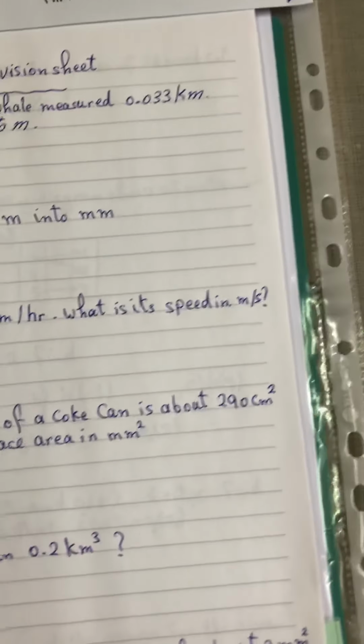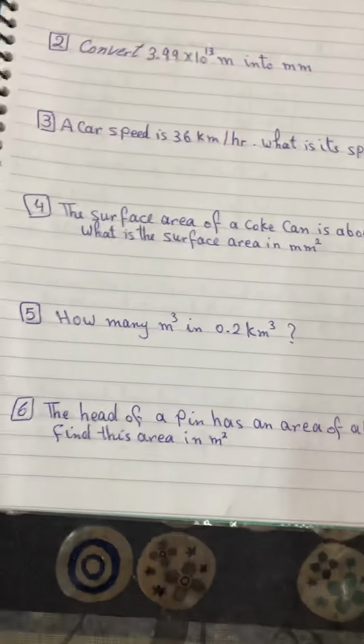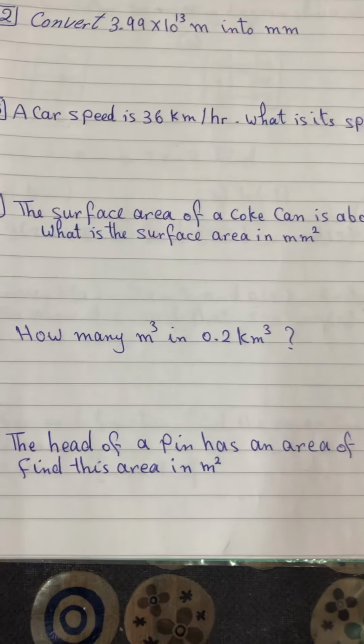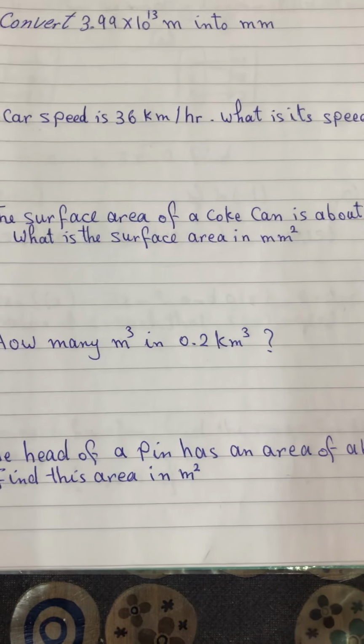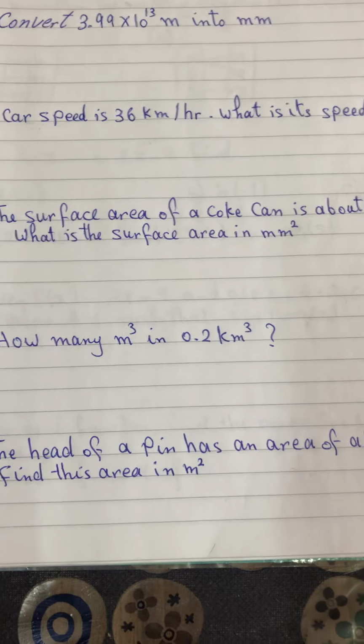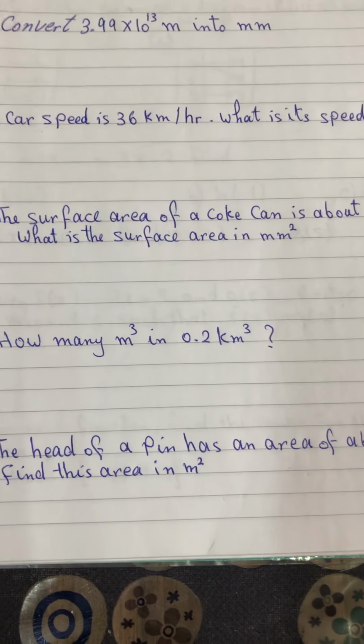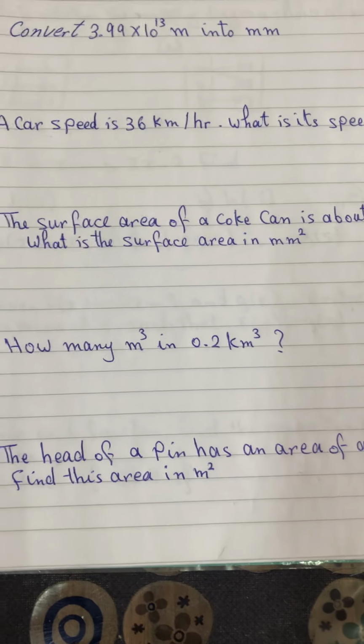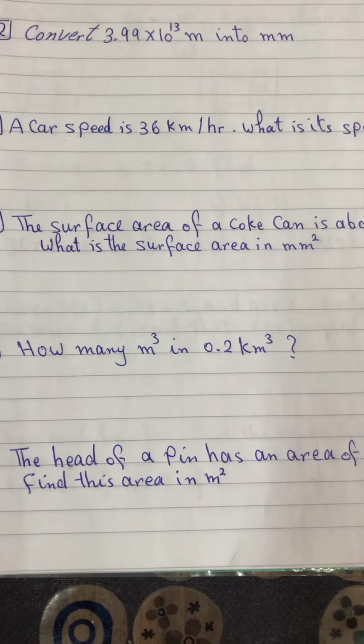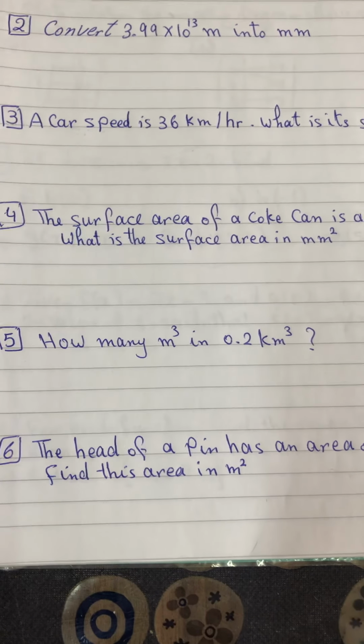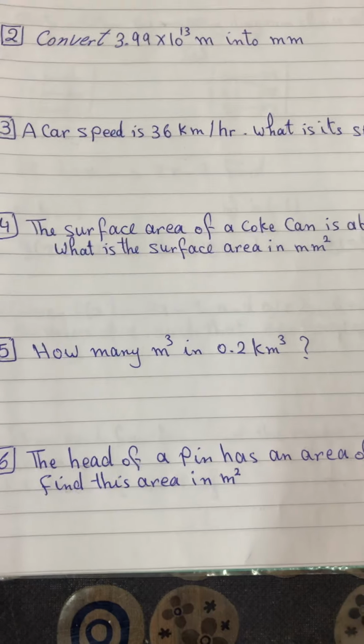Now question number 5. In question number 5, he asked how many cubic meter in 0.2 cubic kilometer. To change from cubic kilometer into cubic meter, you will multiply by 1000 times 1000 times 1000.